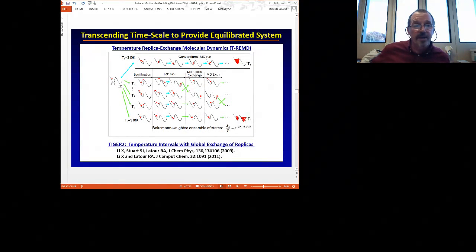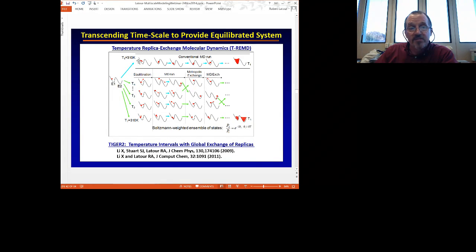So first, to say a few words about some of the advanced simulation methods, the accelerated sampling methods. One of the most popular ones is called replica exchange, in this case temperature replica exchange. And this plot just diagrams out what we do with replica exchange. So on the top row here, I'm representing what we have with a conventional molecular dynamics simulation.